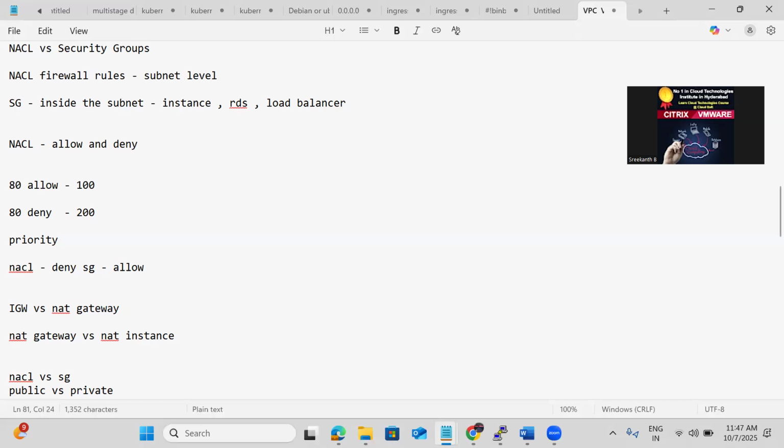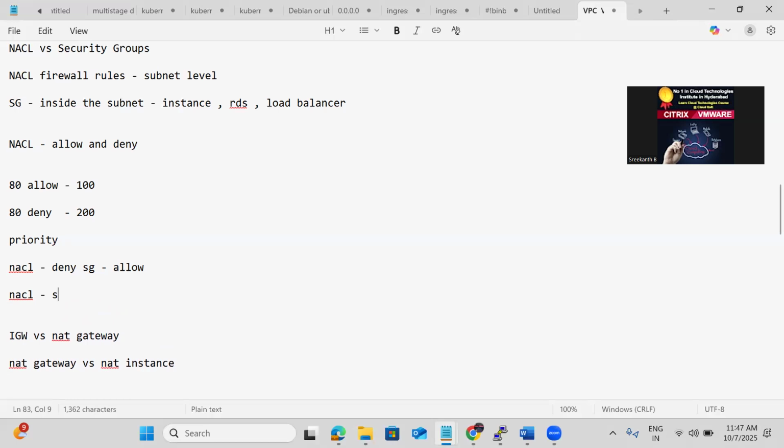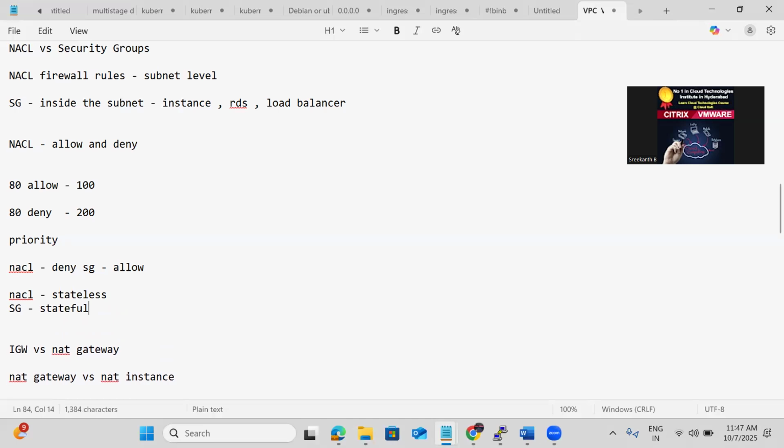Yes. Okay, so here NACL rules are called stateless, and security group rules are stateful. What is the meaning of stateless?